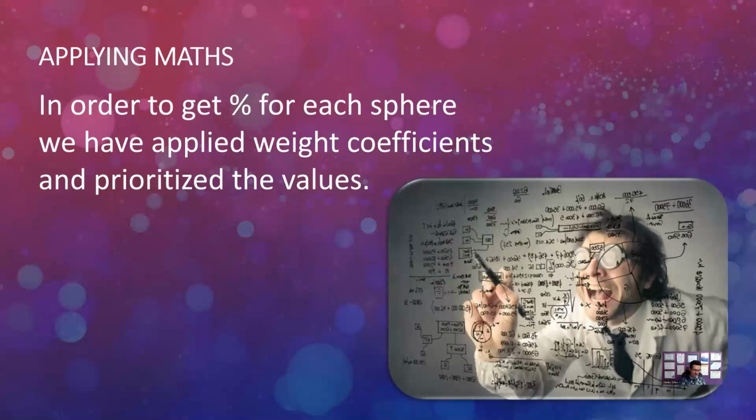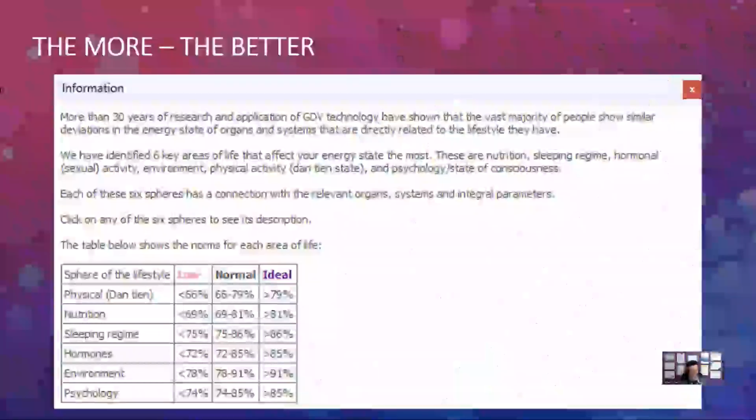And you know that in Bio, the ideal is not 100%, because it's impossible to reach 100% in all 6 spheres. Because we are living beings, still we have to follow the lifestyle according to the job that we have or obligations that we have in life. So that's why the norms for these percentages are based on real statistics.